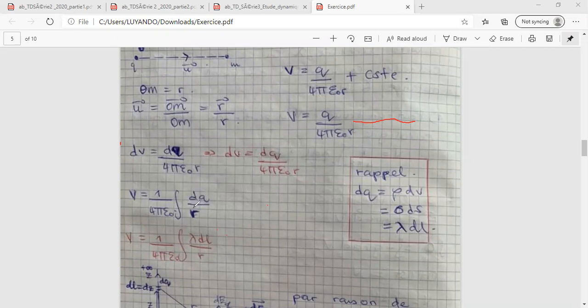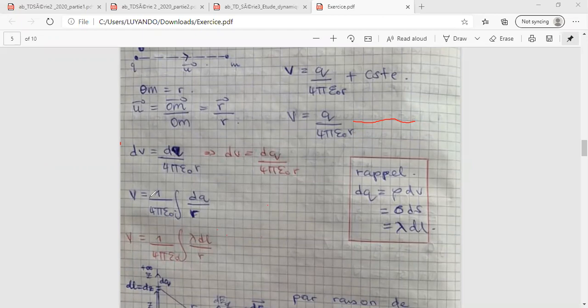So V is equal to 1 over 4 pi epsilon 0 integral of dq over R. So V can either be written as this or as this, expressed as an integral.